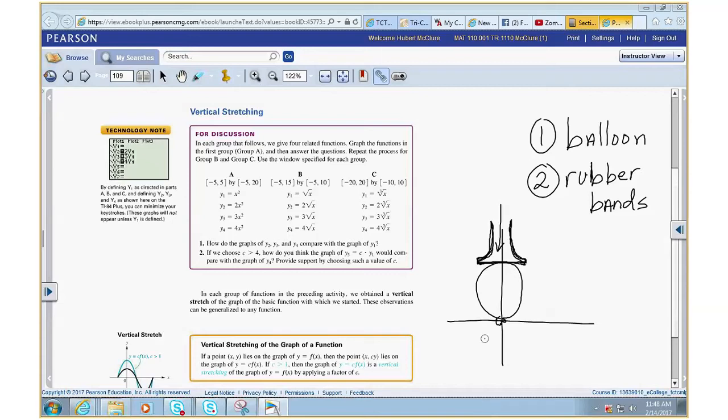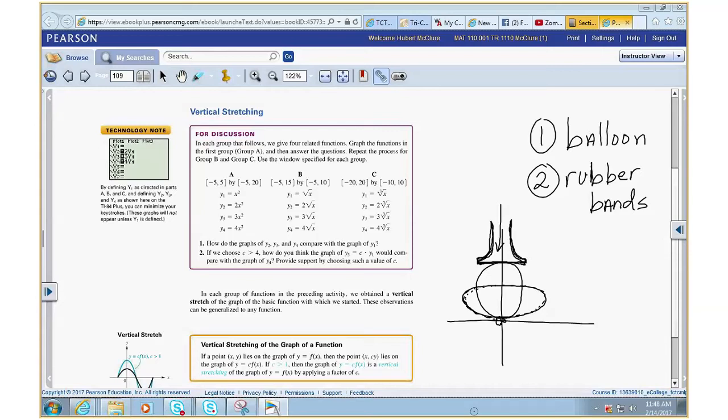It's going to elongate like this, isn't it? Now, what is that doing?